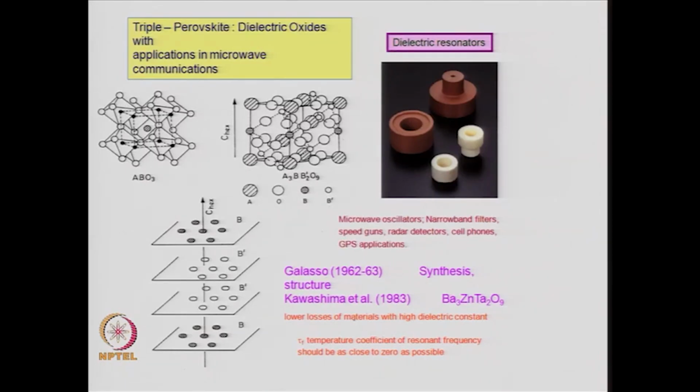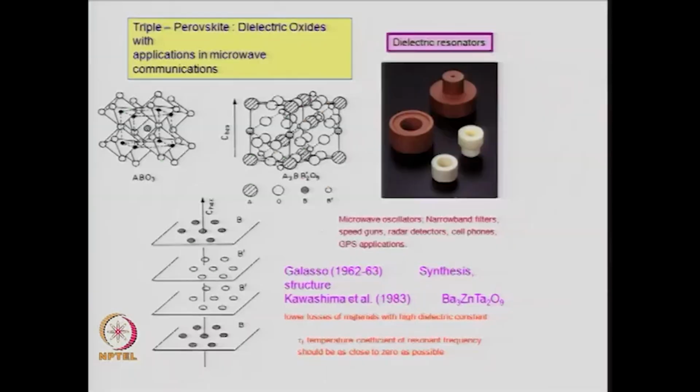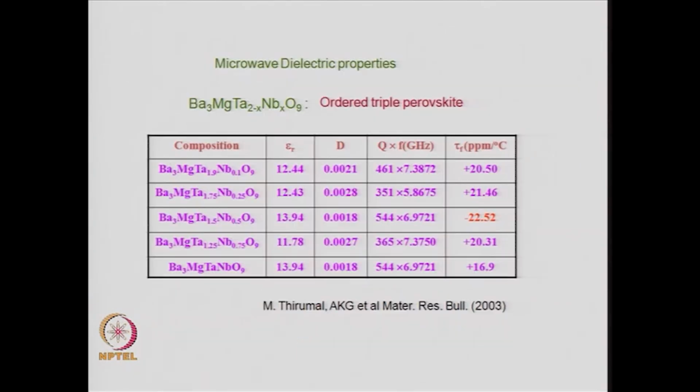So, that is the typical size of these hexagonal ordered unit cells. You can see that in these cases the epsilon r is not that good, it is between 11 to 12. The loss is also okay, it is of 10 to the power minus 3, and the temperature coefficient of the resonant frequency, which is given in units of ppm, parts per million per degree centigrade.